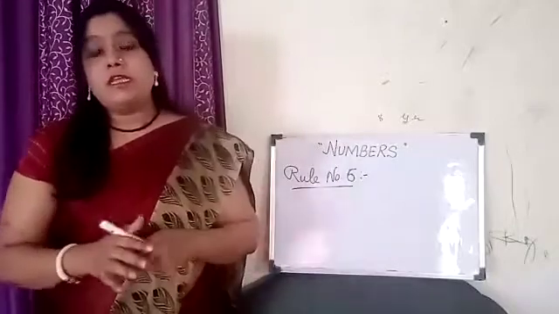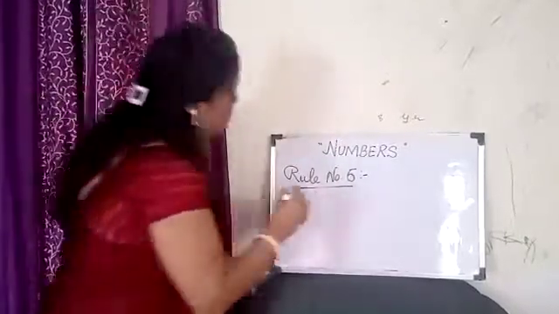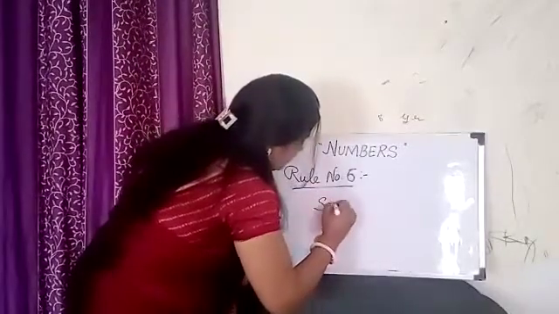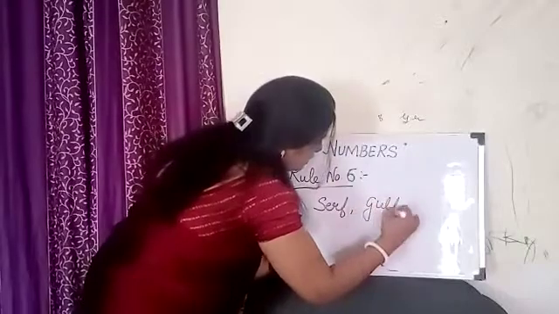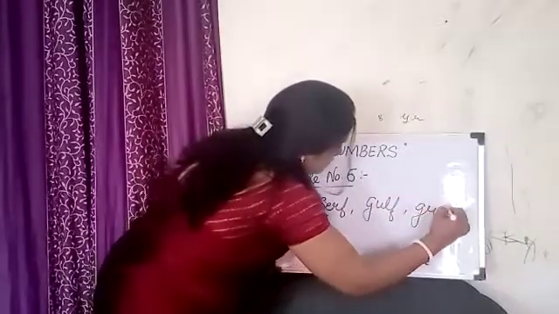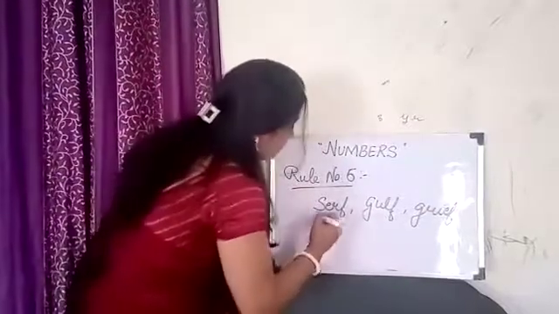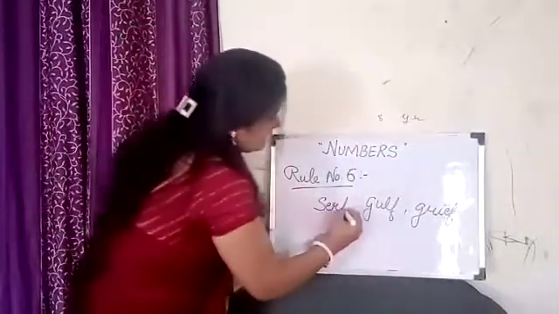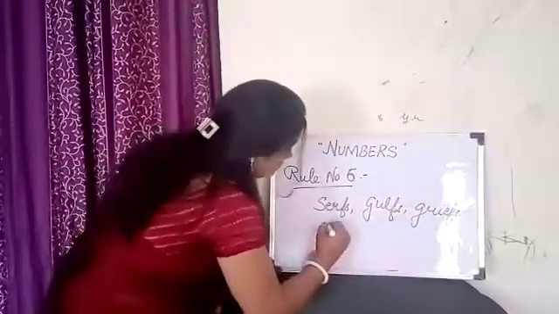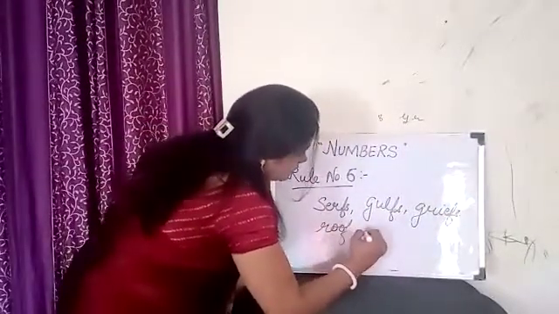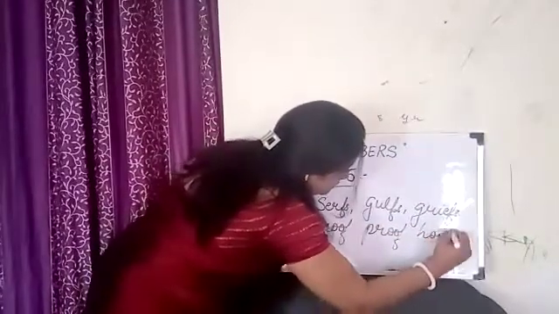Like in gulf, grief, surf, gulf, grief. So what we have to do is add a single s. Roof, proof, hoof.